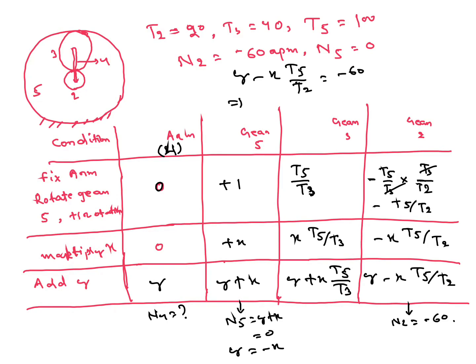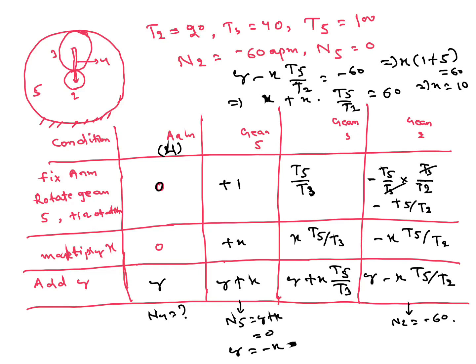So y is minus x, so minus x, all minus will cancel. x into T5 by T2 equals 60. So from here x into 1 plus T5 by T2, T5 is 100 and T2 is 20, 100 by 20 you will get 5, equal to 60. So x equal to 10.